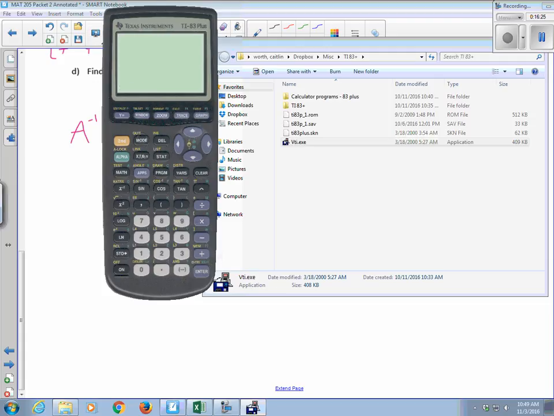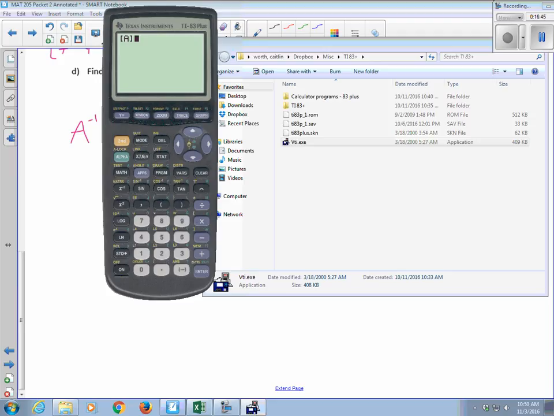Just quit out of there, go to your home screen. I'm going to call up matrix A just by name in the home screen. And then the notation for inverse in the real number system is to the -1, like the inverse of 5 is 1/5 or 5 to the -1. You can use that same notation in your calculator.